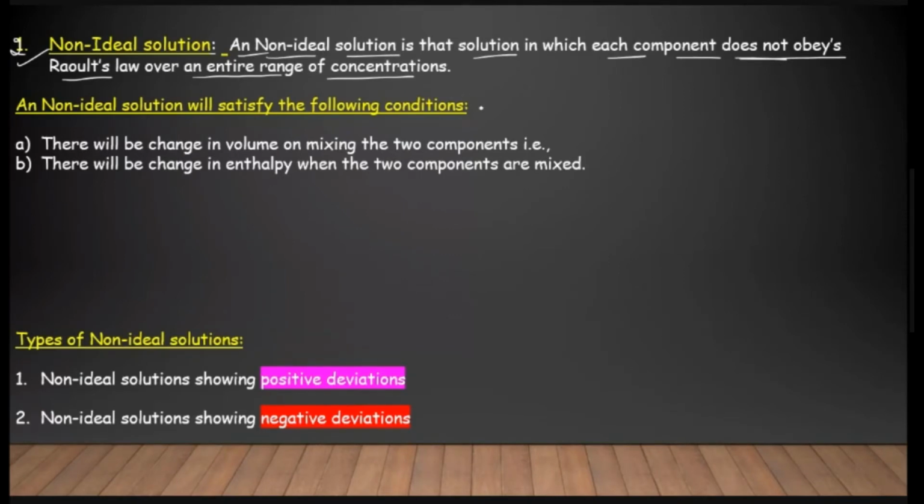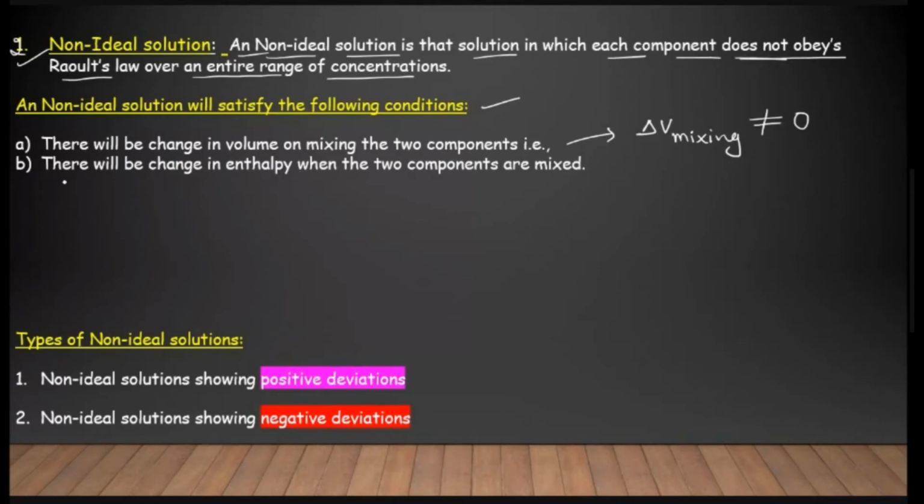Here also, non-ideal solutions have to satisfy certain conditions. The first condition is there will be change in the volume on mixing the two components. When you mix the two components, the change in volume will take place. That is, delta V mixing is not equal to 0.